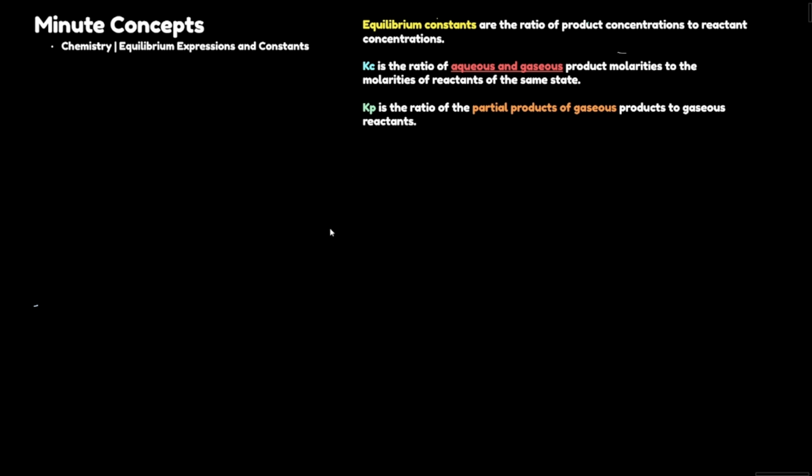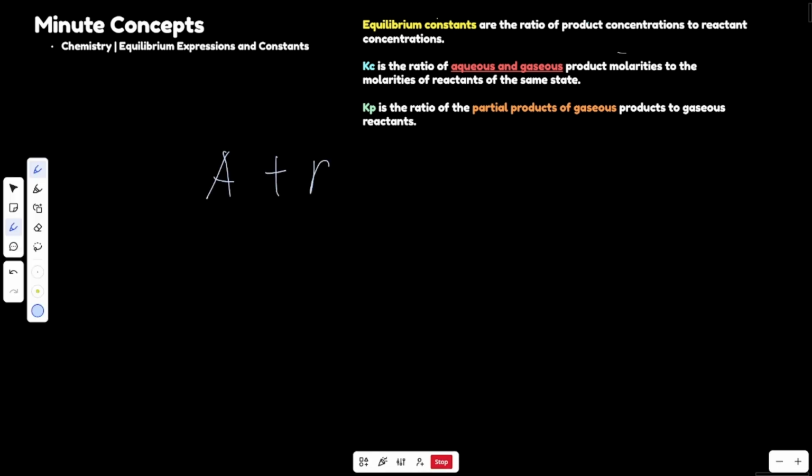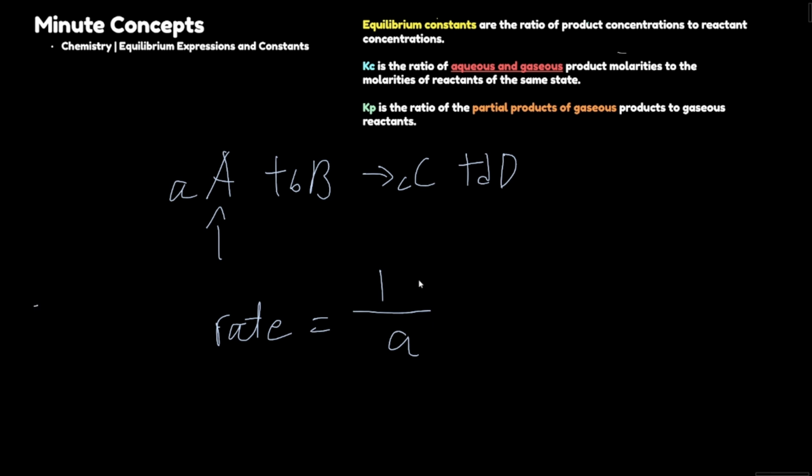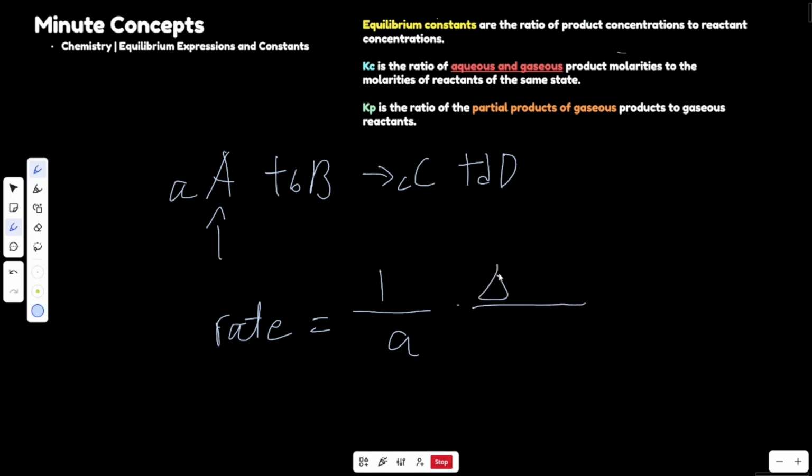First, let's review what we know about expressions and constants themselves in terms of rates, because they're actually quite similar. Now, for a reaction given A and B as the reactants convert completely into C and D, the rate of disappearance of A would be 1 over the coefficient, multiplied by the change in concentration of A over the change in time.